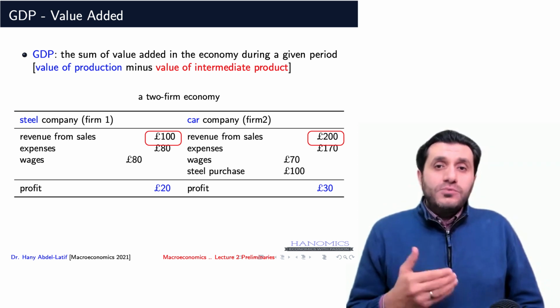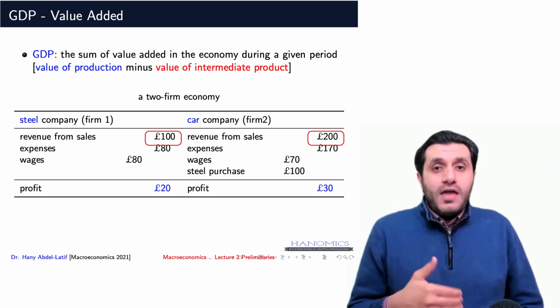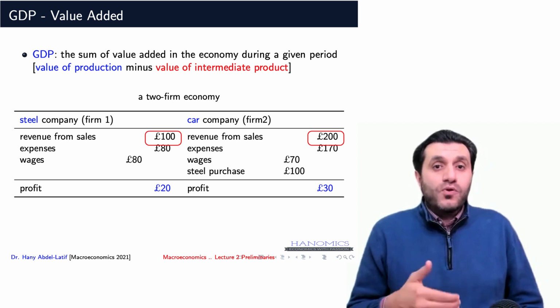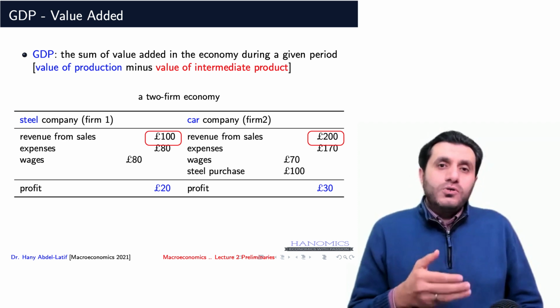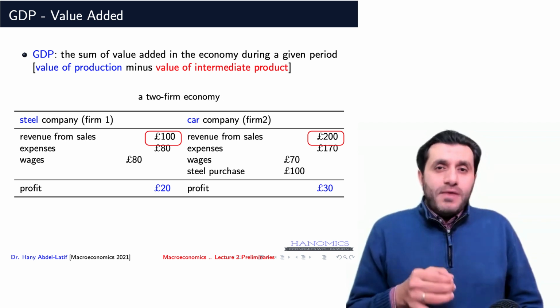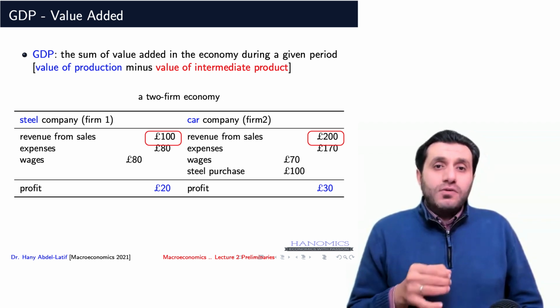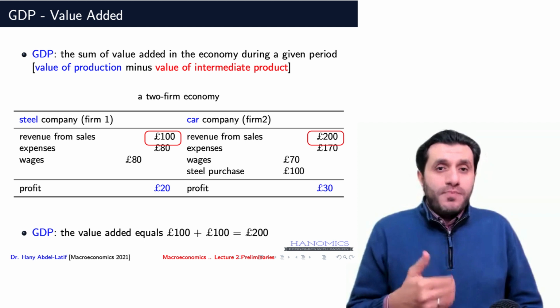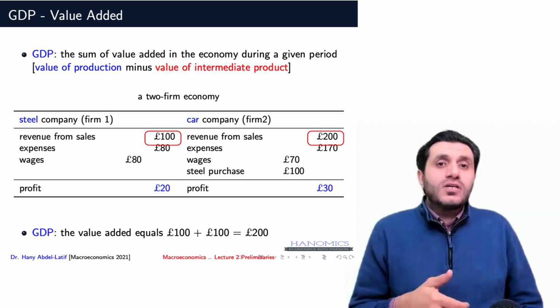However, with Firm 2, we know they produced £200 worth of cars, but they also used £100 cost of steel. That makes their value added £100, which is £200 sales minus £100 steel.